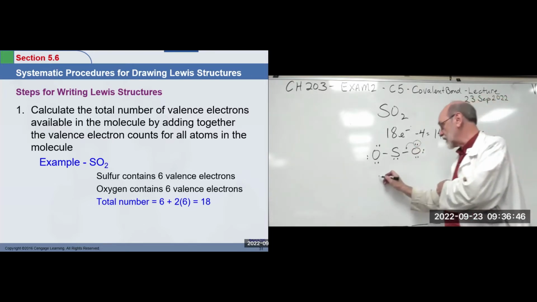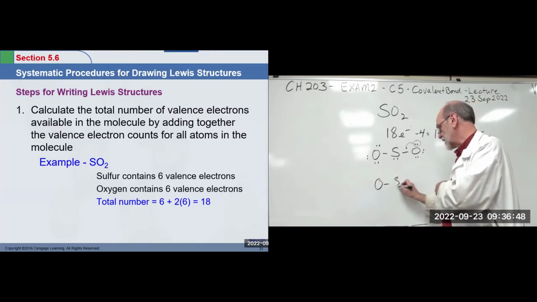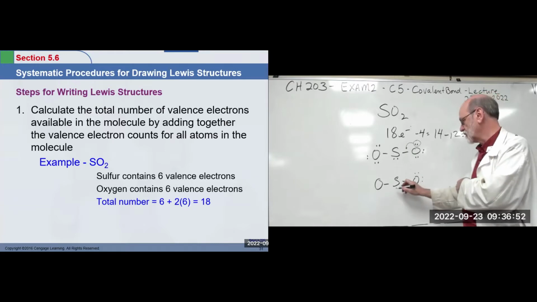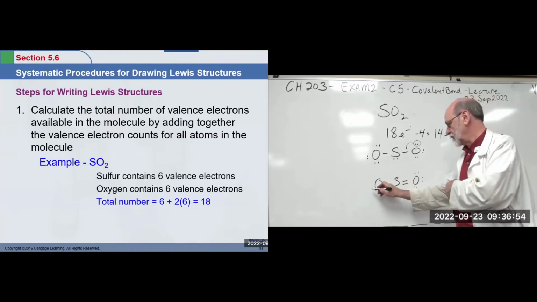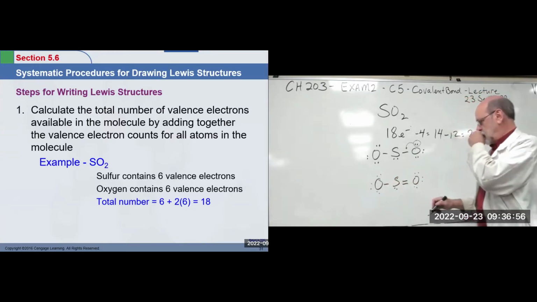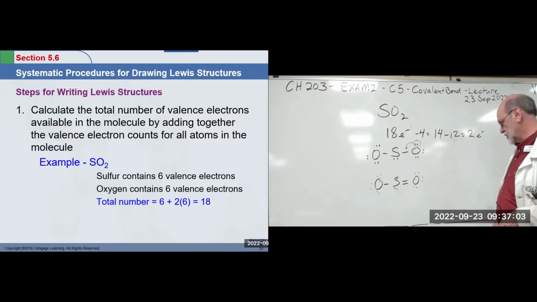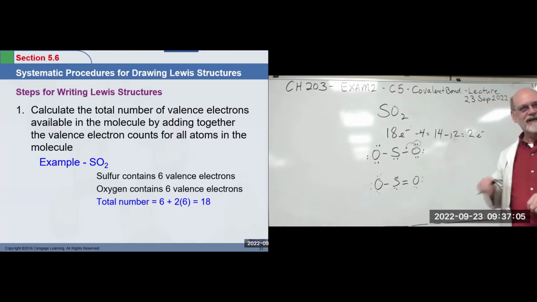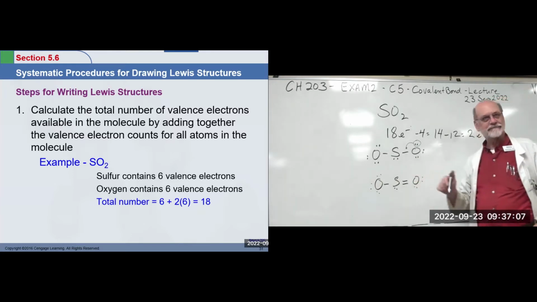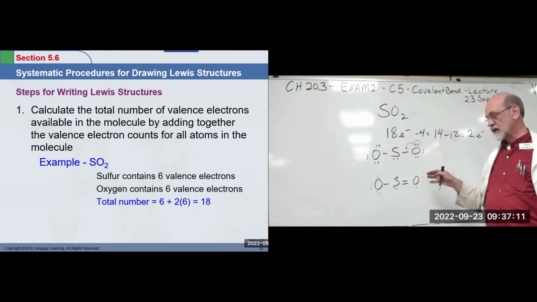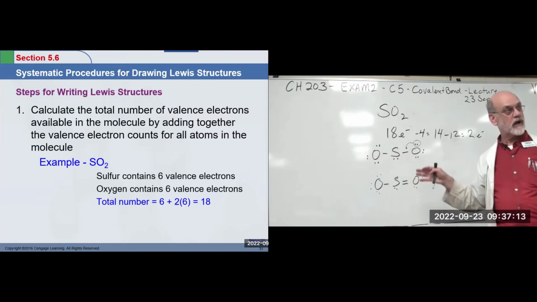Okay, so that gives you that, and that. 2, 4, 6, 8, 2, 4, 6, 8. Okay, so now this molecule has satisfied octets for all of its members.